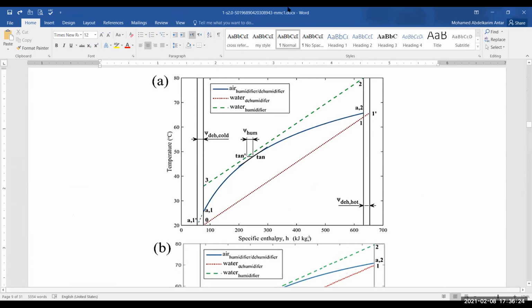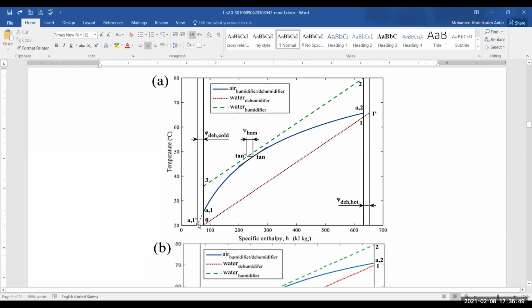Yes, here we are. So when we are talking about the dehumidifier effectiveness, it is H in for the air, so it's this H in minus H out for the air divided by H in for the air minus the exit H if it is brought to saturation temperature with the water.